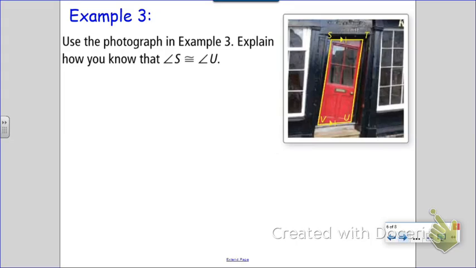In our next example, the question is how do we know, or show how we know, that angle S is congruent to angle U. If we look on the picture, we have opposite sides that are marked, one pair are marked congruent and parallel.